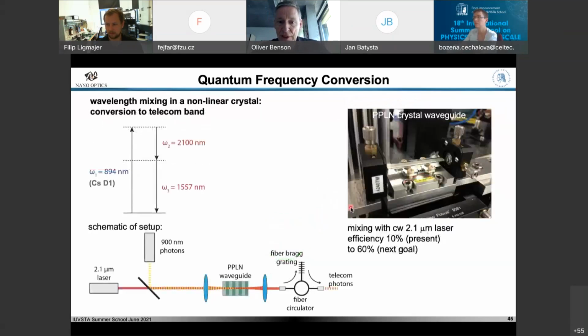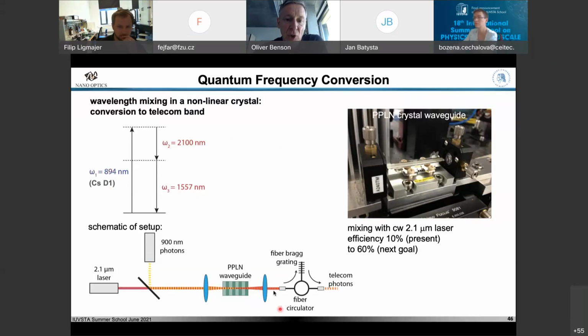This can be done, fortunately, and there's just the simple standard nonlinear process that you have in some crystals that can be used here. In this case, it's just a mixing of different wavelengths. So the idea is to send in light, maybe another wavelength here, does not matter so much, maybe something more in the visible or in the near infrared.